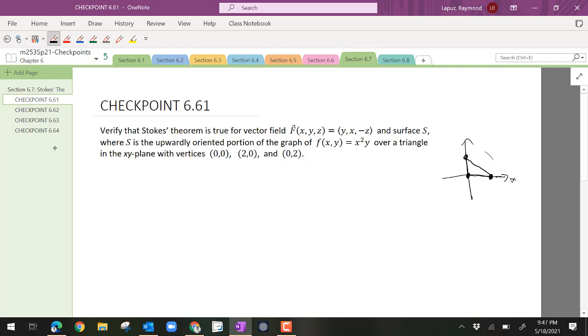And if z is going towards you, as our standard z going up out of the page on the xy plane, we have the orientation going in the counterclockwise direction. So imagine the arrows going up, and then your rotation is in the counterclockwise direction using your right hand rule.